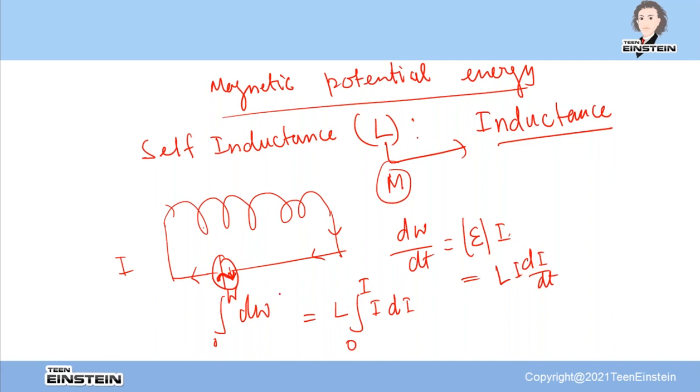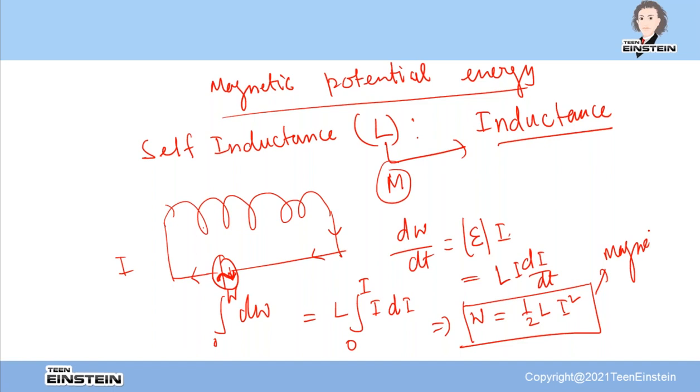So this will give you W is equal to half L I square. This is called magnetic potential energy, or magnetic energy stored in the coil.